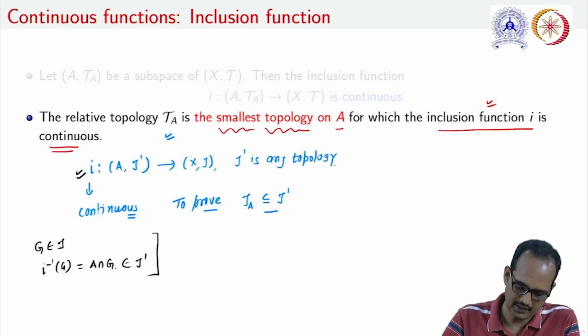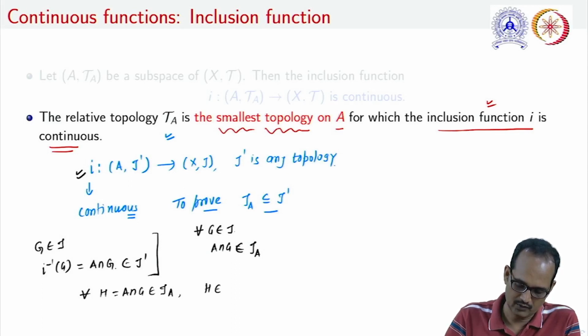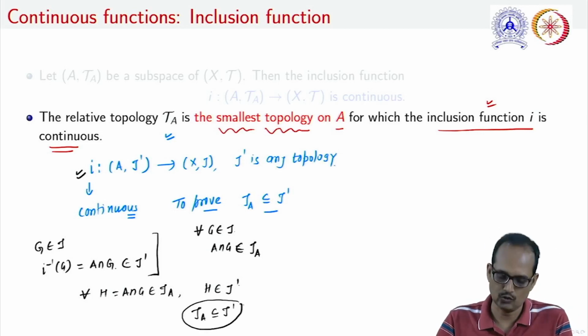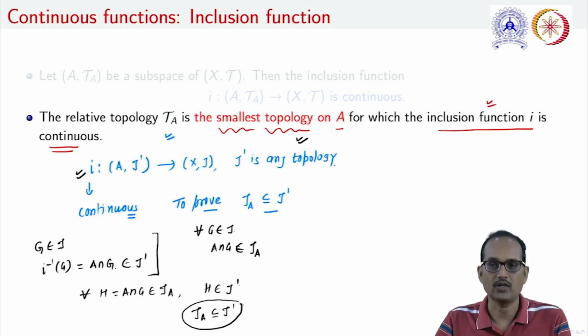But at the same time, it is to be noted that for all g belongs to tau, this A intersection g is always a member of tau A. Thus, what we can conclude from here is that for all h, which is A intersection g in tau A, this h will always be a member of tau dash, or this tau A is a topology which is coarser than tau dash, that is, this relative topology is the smallest topology on A.